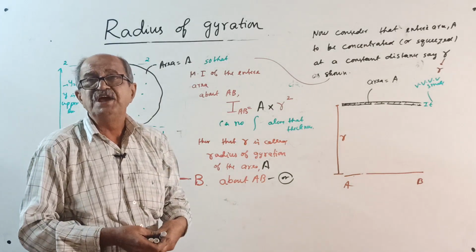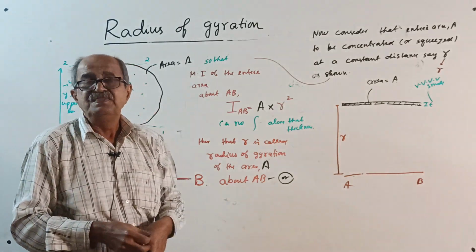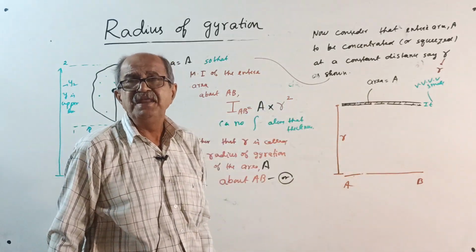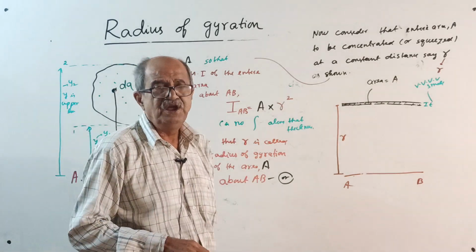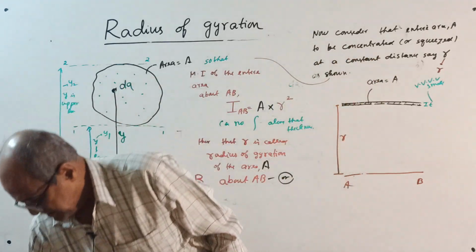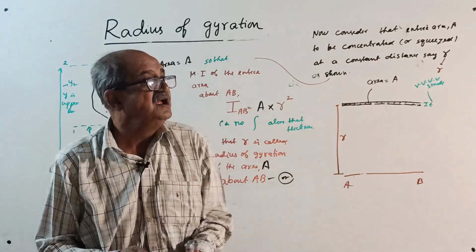There is no change in moment of inertia. That is the basic idea of radius of gyration. It is imagination. I will give some example for you. It will be much more clear then. Don't be in such a hurry to understand. Don't be in such a hurry to close this one.